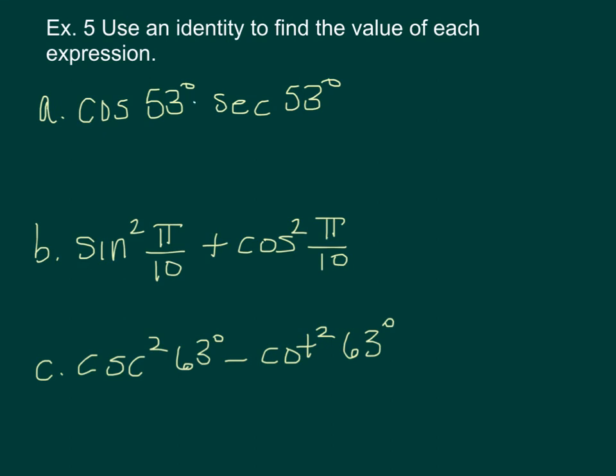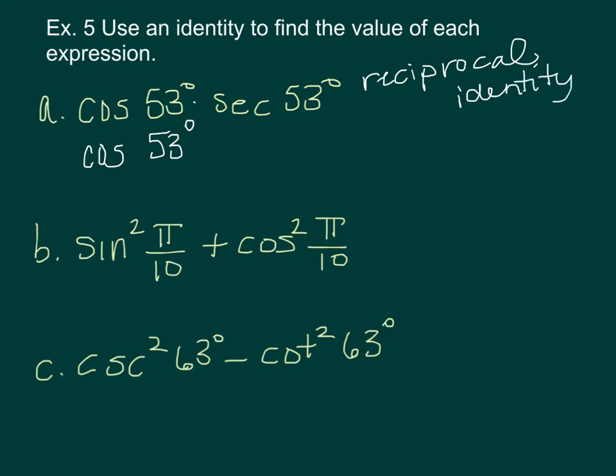Well, I know that secant is the reciprocal of cosine, so I'm going to use the reciprocal identity. Secant 53 is the same thing as 1 over cosine 53. Just going to put this over 1. So look what happens. This cancels, and you're left with 1.